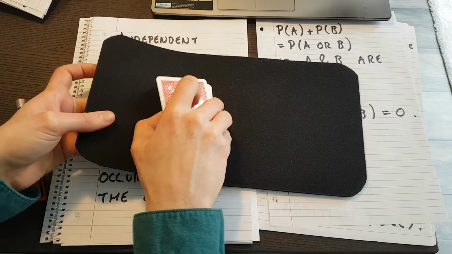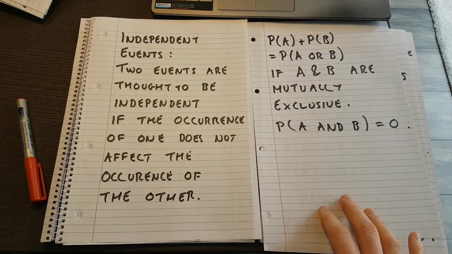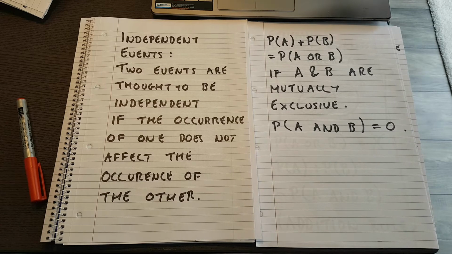Now, the unfortunate thing about this definition is that it is not a mathematical definition, and it's also hard to tell if events should be independent or not.